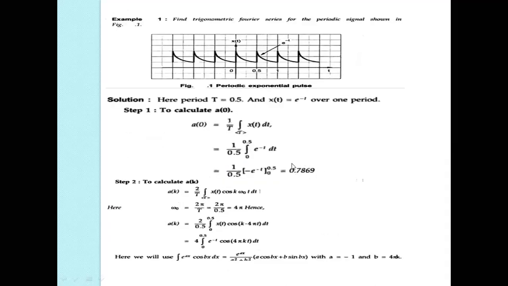All these three terms: a of 0 is 0.7869, a of k is equal to 1.576 whole divided by 1 plus 4 pi k whole square, and b of k is equal to 6.32 pi k whole divided by 1 plus 4 pi k whole square.